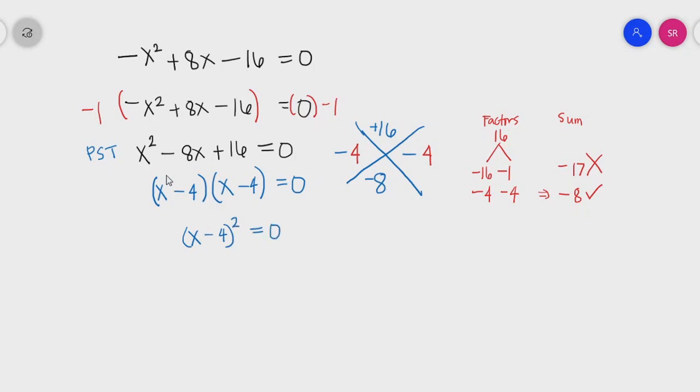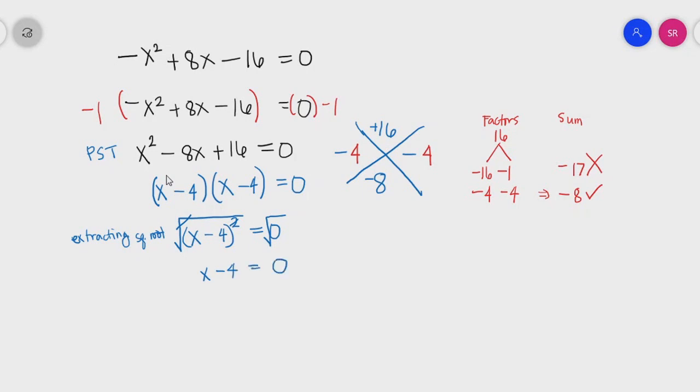And this time, I want to get rid of this exponent. So what I'm gonna do is to apply extracting the square root. So by extracting the square root, that means I'm going to get the square root of both sides. So this will be canceled out. And I'm left with x minus 4 equals 0.